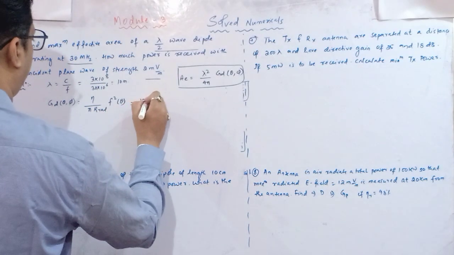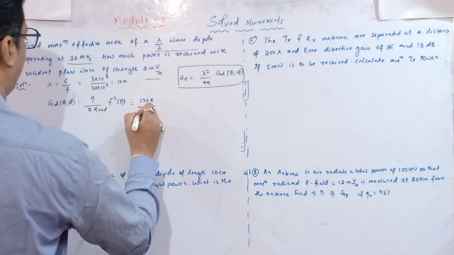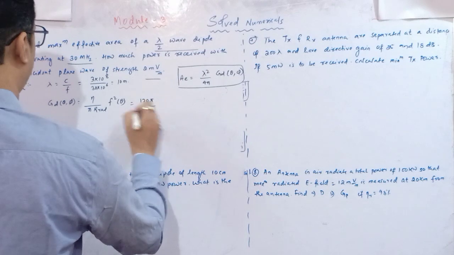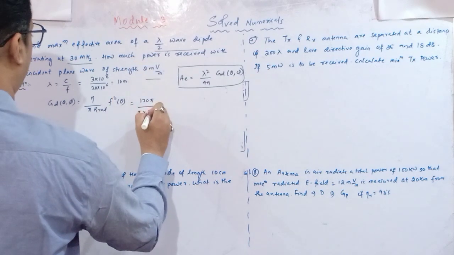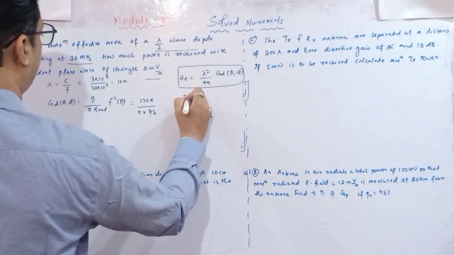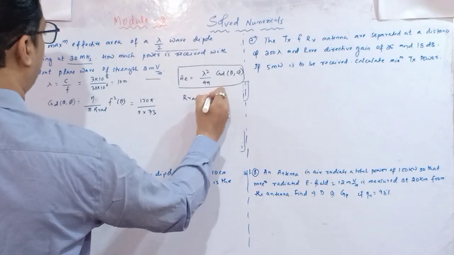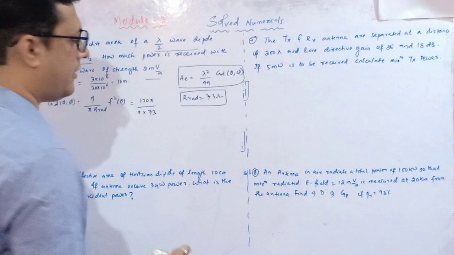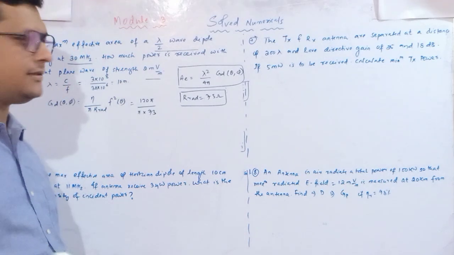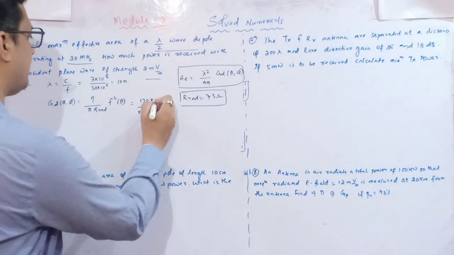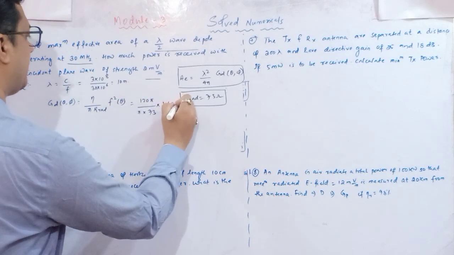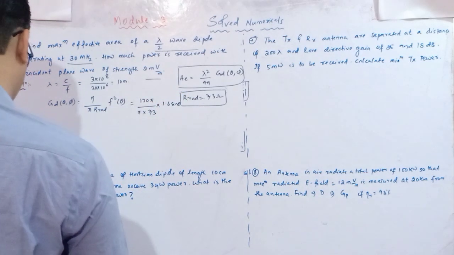So 120 pi divided by pi, and this radiation resistance R rad for the half wave dipole antenna is 73. Remember this. This we will derive, but for the time being we will use this quantity. For half wave dipole, radiation resistance is 73 ohm. I have directly substituted, and this f square is 1.6 sin square theta.